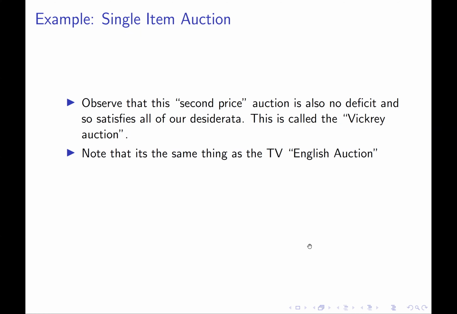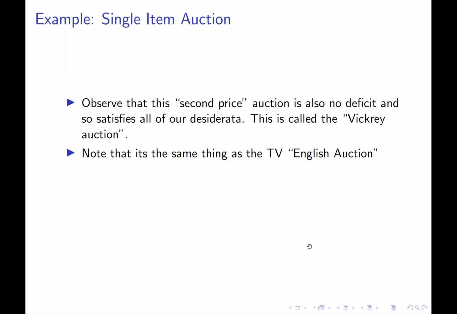One interesting thing to note is that this second price auction actually implements the allocation rule and the payment rule for the standard TV auction that you might have seen, where there's an auctioneer with a gavel, and the price is rising, and maybe people have little paddles that they wave in the air until the price gets above their willingness to pay, at which point they lower their paddle.